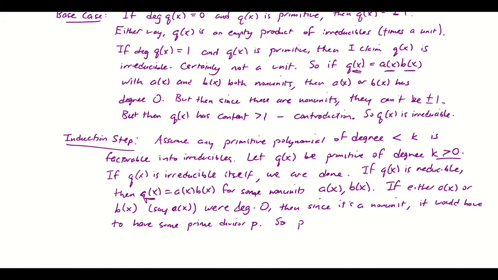So P would divide the content of q of x, and that would be a contradiction since we assumed q of x was primitive.